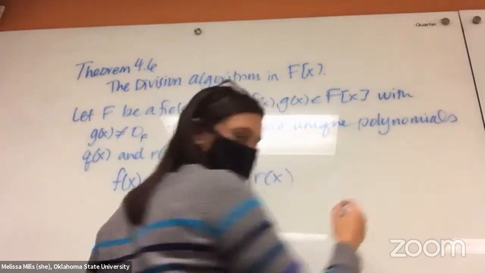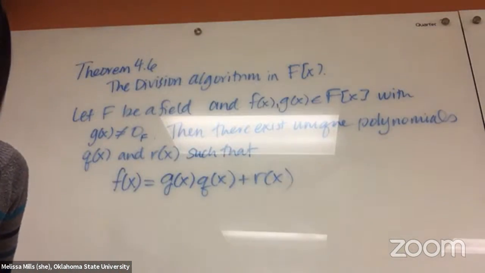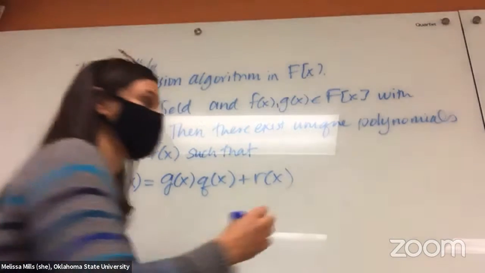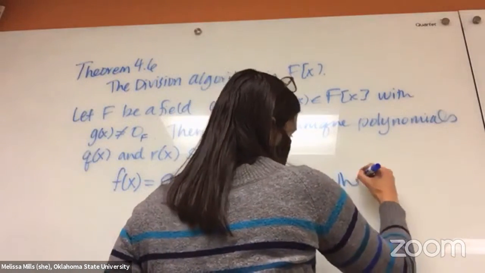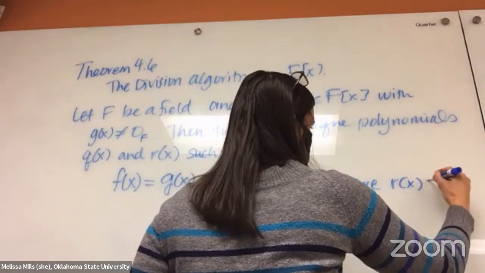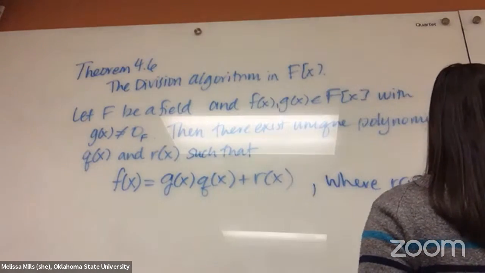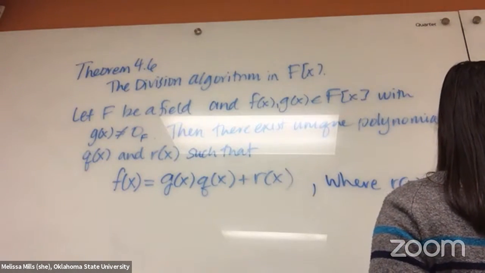So actually there are two conditions. Either the remainder is 0 or the remainder's degree is less than the degree of g of x.